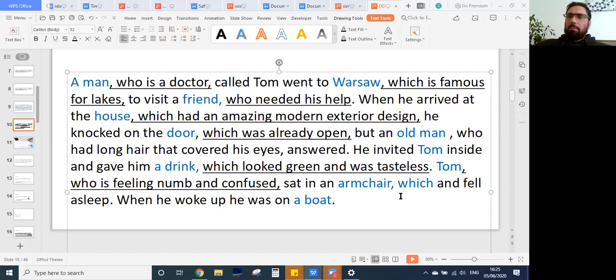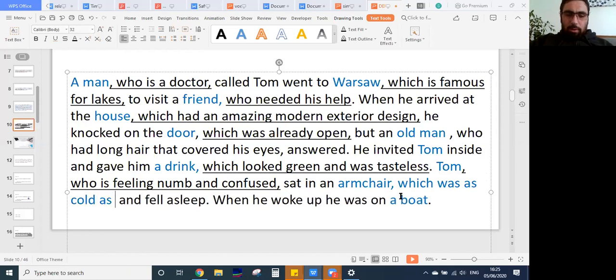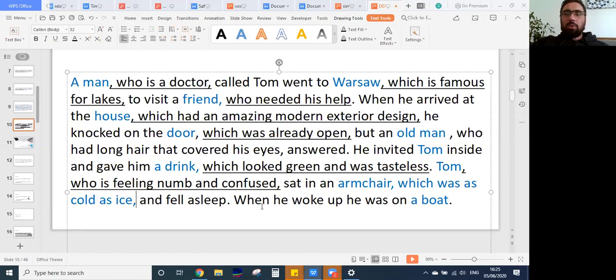Had movable arms. I like that. Which was as cold as ice, yeah? Thank you, Sarah. Which was as cold as ice. Okay, sat in an armchair which was as cold as ice and fell asleep.